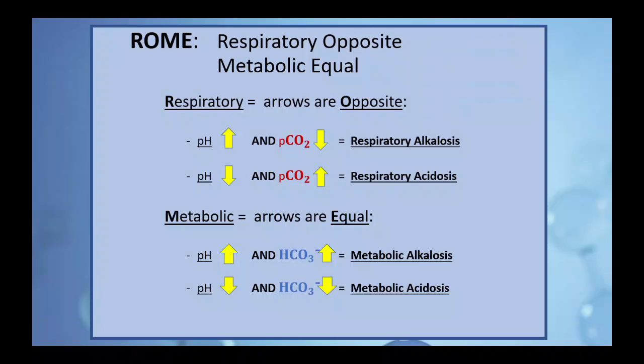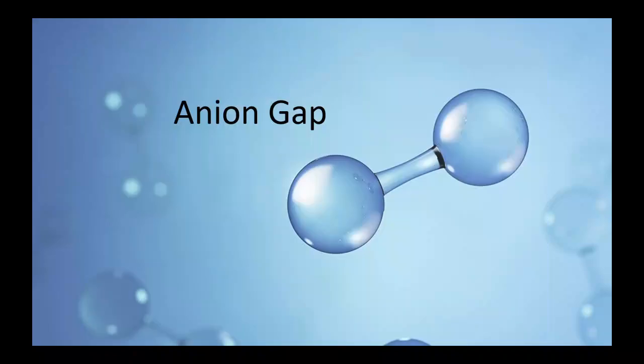The ROME method is a technique that a lot of people use as a mnemonic to help them remember. And it is simply respiratory opposite, metabolic equal. By equal, we mean the arrows are moving the same direction. So with respiratory, as we've clearly discussed, pH and CO2 are moving in opposite directions. With metabolic, pH and bicarbonate are moving the same direction.